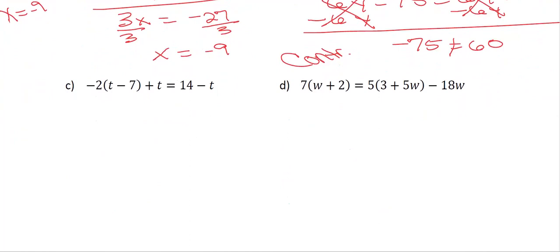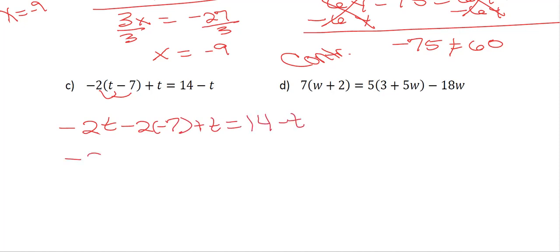Let's do one more. Let's do C. I'm going to distribute the negative 2 to everything in that parentheses. So now I got negative 2 times t. I got negative 2 times that negative 7. Bring down the plus t, it's equal to 14 minus t. Negative 2t. Negative times negative is positive. 2 times 7 is 14.